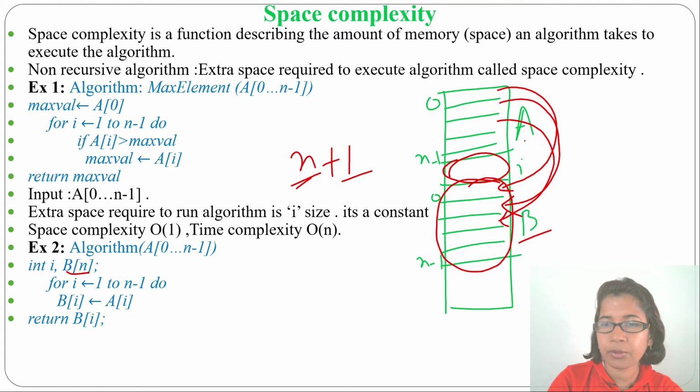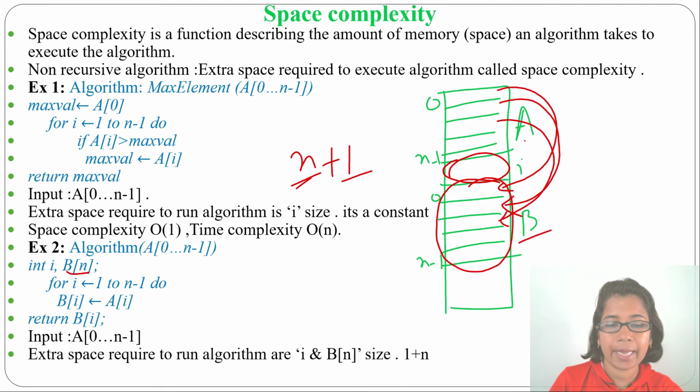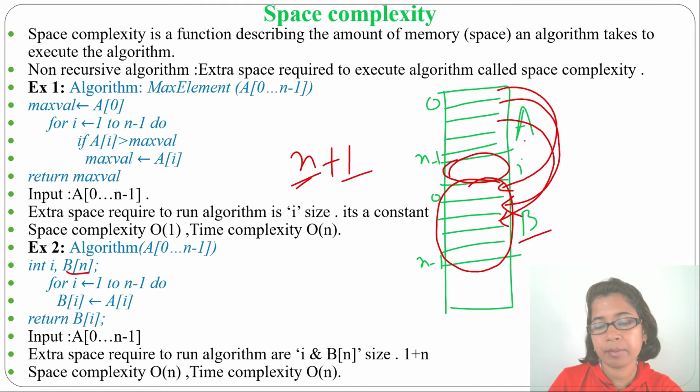And here input is array, so that is not the extra space, that is already given in input. So extra space required is n plus 1. For B of n, it will be n. For variable I, it will be 1. So space complexity will be big O of n, while time complexity will be also big O of n.